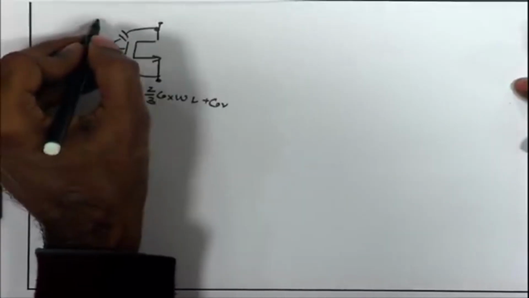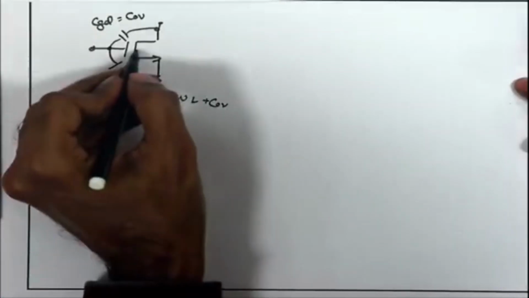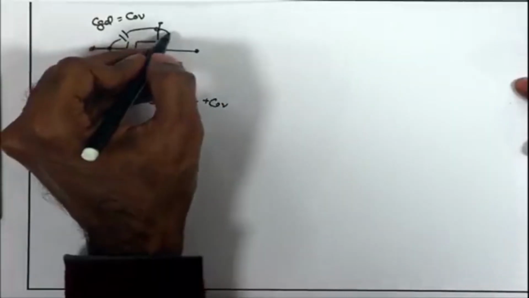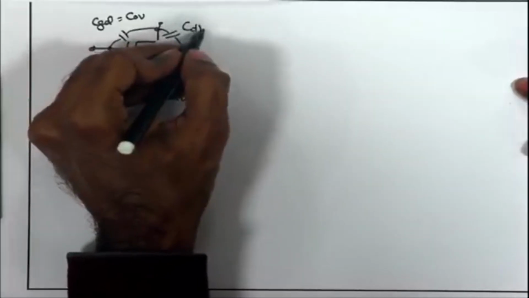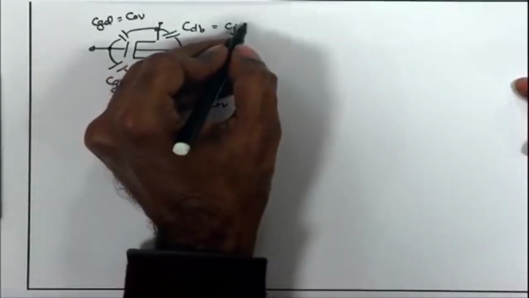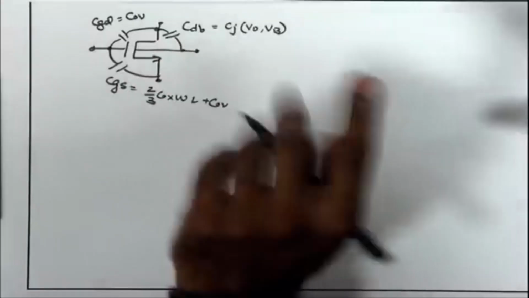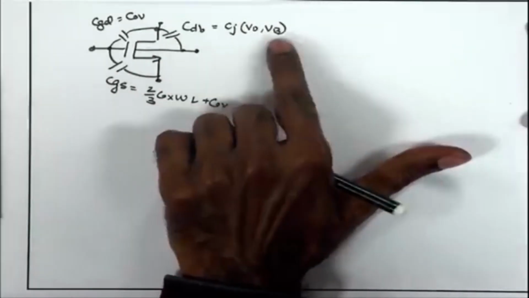We define CGD, which is just equal to C overlap for saturation region. We define the junction capacitance which is coming between drain and the body, I can call it CDB. It is the junction capacitance Cj, and it is a function of course of Vd and Vb, because it is the diode across which we are measuring this capacitance, which is appearing between drain and body.